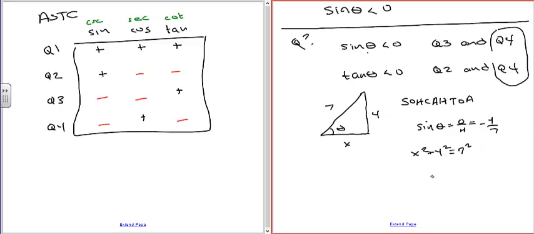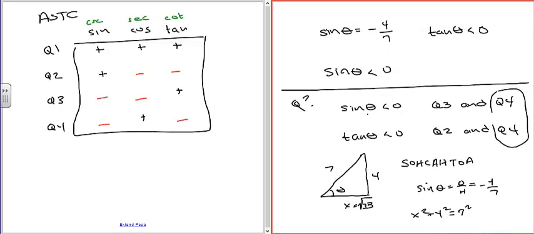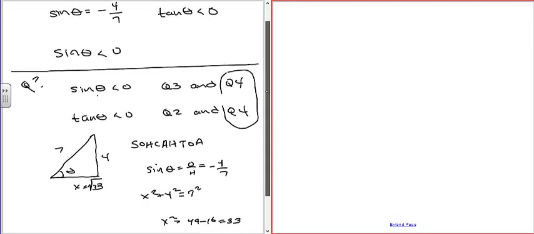So x squared equals 49 minus 16, which is 33. So x equals the square root of 33. Now, we can do all the trig functions and then come back and figure out what the signs are.